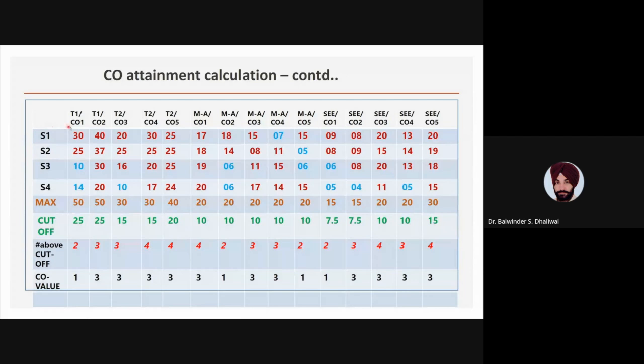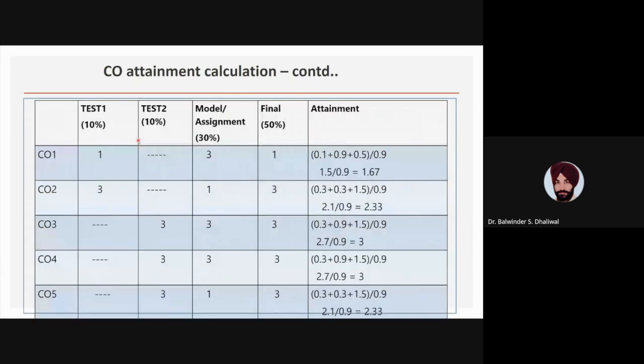We have CO1 attainment 1 from test 1, CO1 attainment 3 from the model assignment, and CO1 attainment 1 from the end semester examination. So for all COs, we have 3 different attainments from 3 different assessment tools. Now we need to combine these 3 different attainments into a single consolidated attainment.